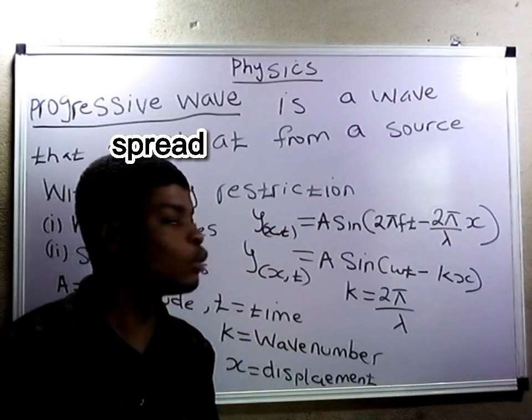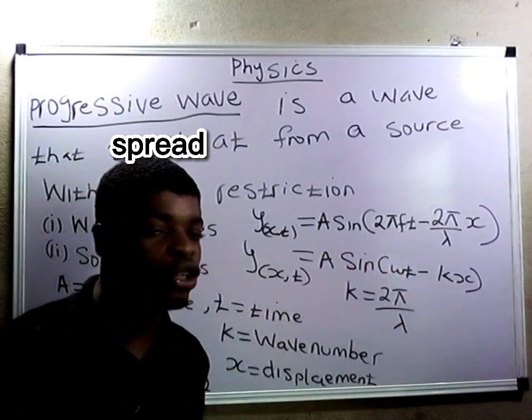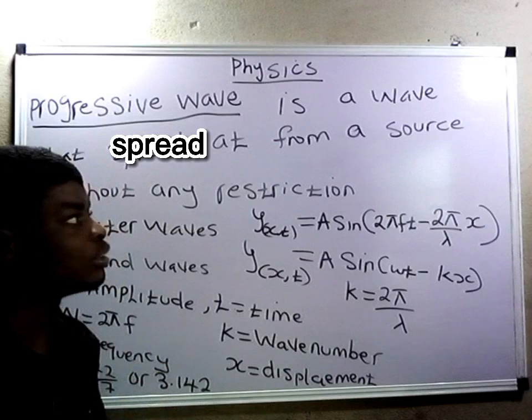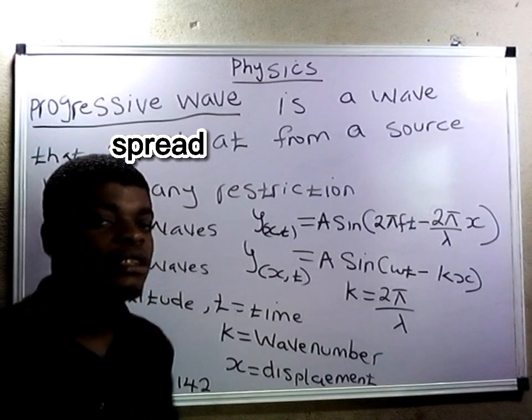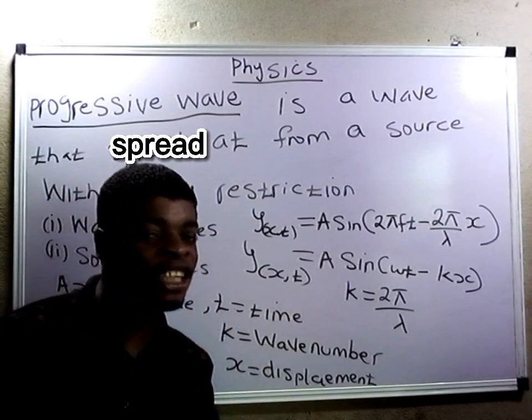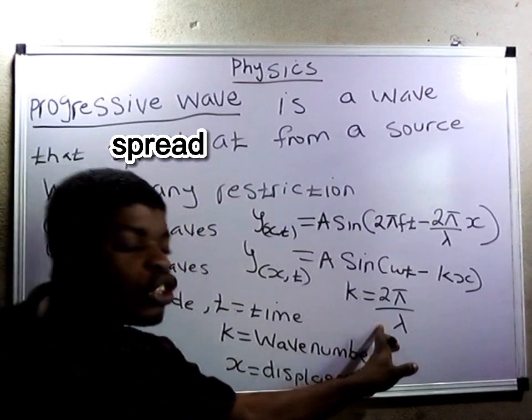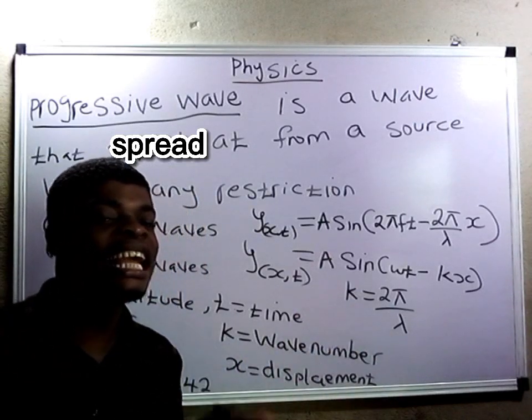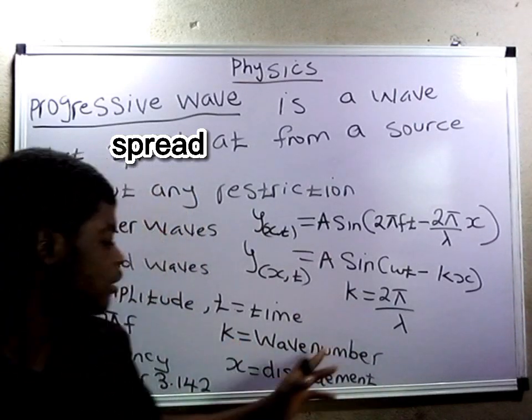And again, this must be noted that whenever you are using plus or minus, when you are using minus, it means that the wave is moving in the positive x direction. If you are using plus, the wave is moving in the negative x direction. So let me write it on the board.